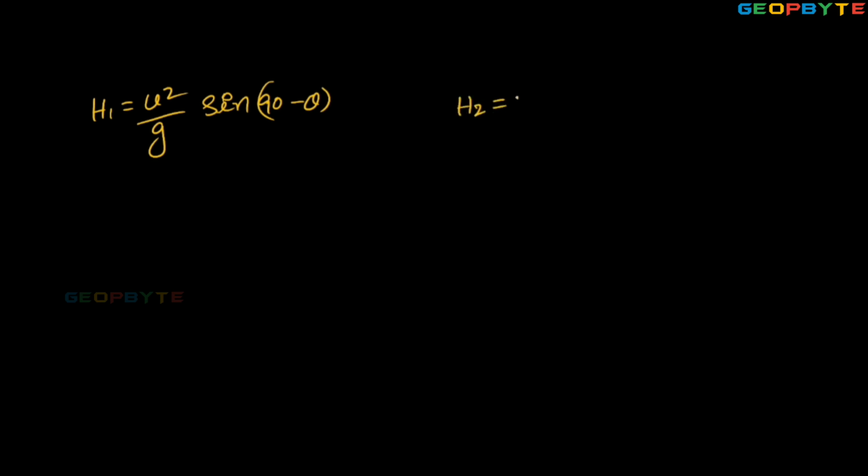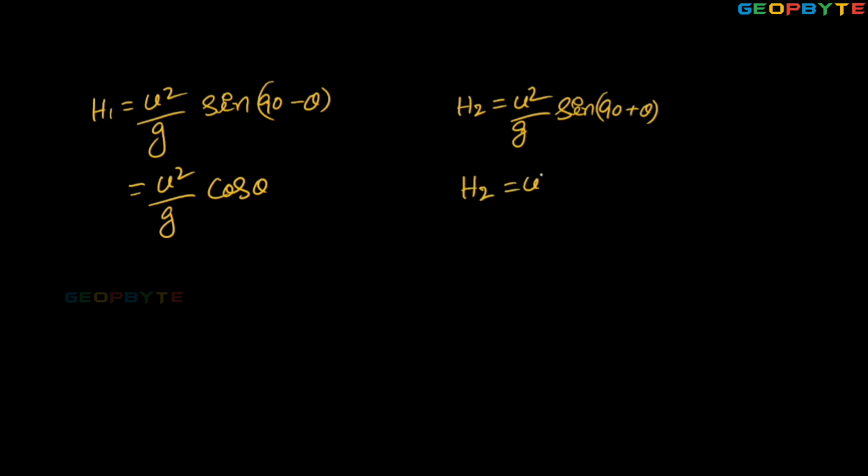Let us take another slide. H1 you got is u square by g into sine 90 minus theta, whereas H2 is u square by g into sine 90 plus theta. You know sine 90 minus theta equal to cos theta, so H1 is u square by g into cos theta. Similarly, H2 is u square by g into sine 90 plus theta, also cos theta.